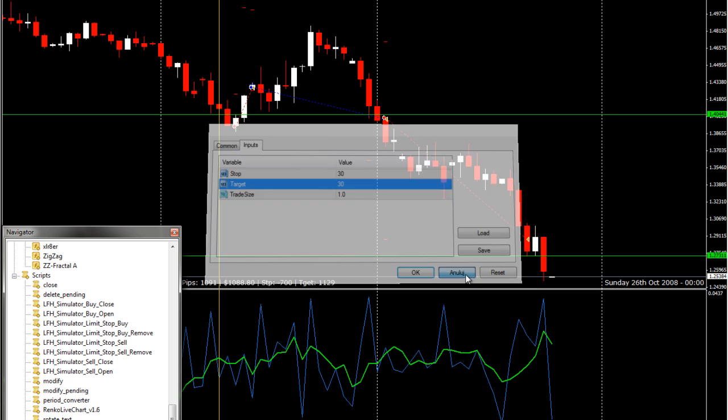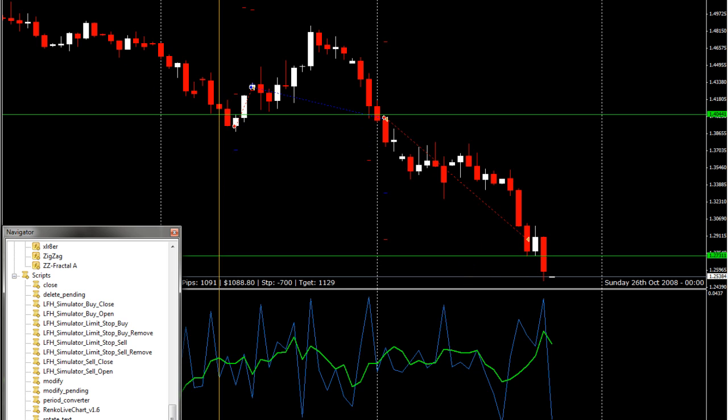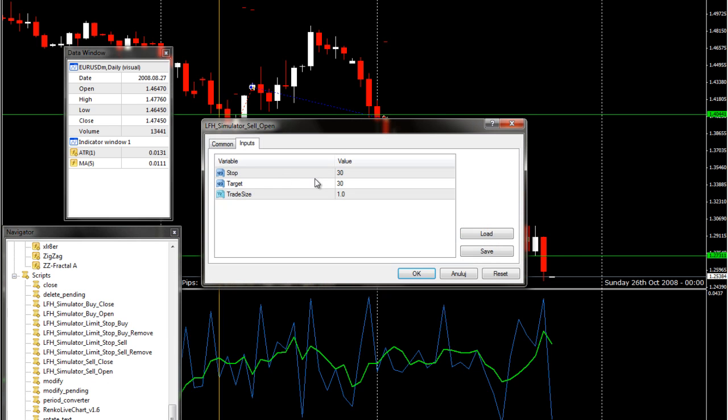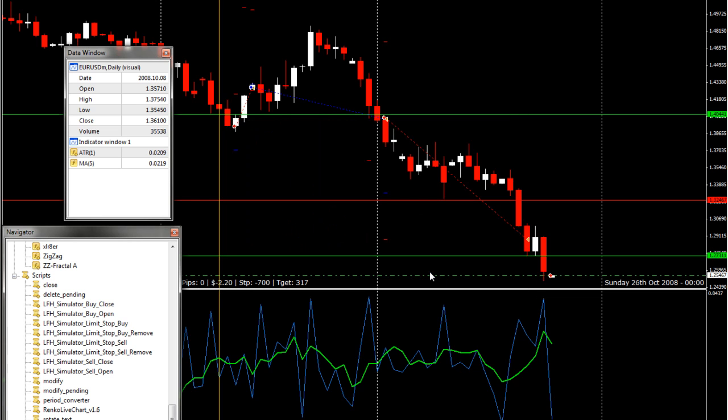Actually, let me see what is the value here, and the value here is 317 pips. So that would be the first target. 317 pips would be the first target. Let me move this away. Okay, so that's now open.